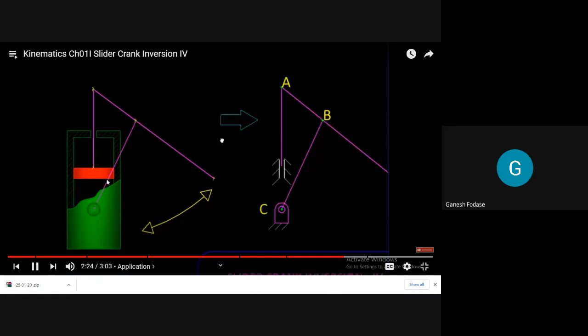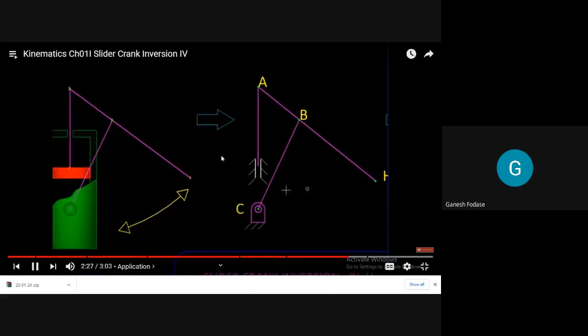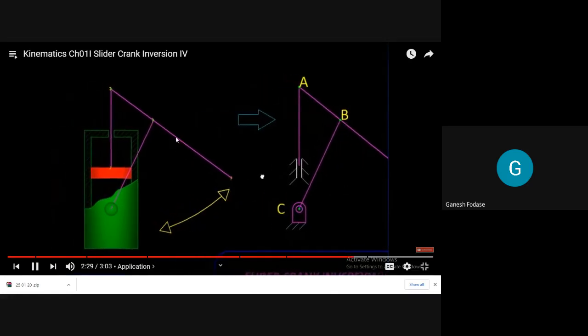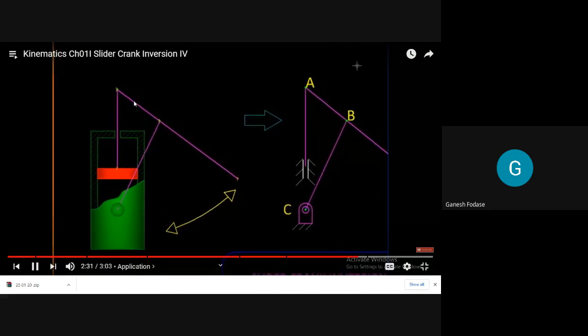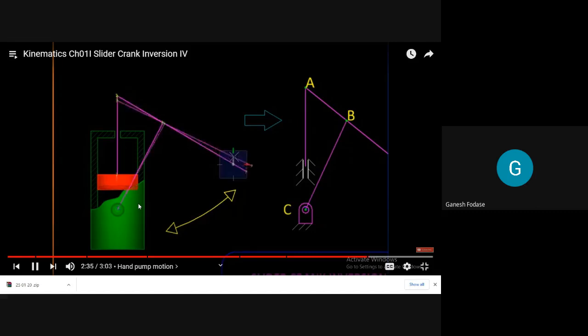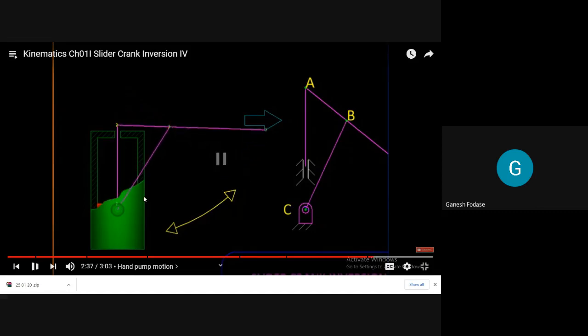The same link is shown here. So this one is the handle. You can see the motion now. You see, this has oscillating motion, and this has reciprocating motion, even though there are some constraints because of the application. Now see, it is not rotating completely, but just oscillating.